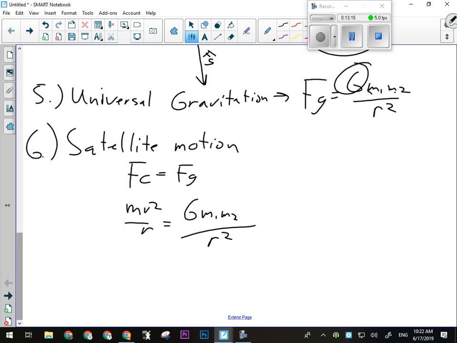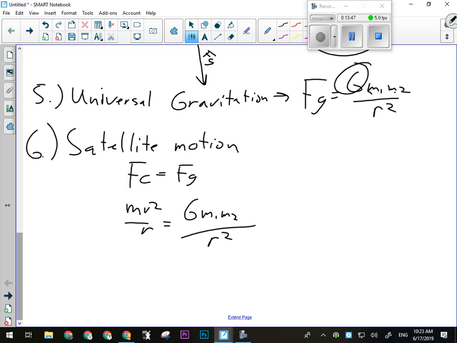One of the important ones is that there's a mass on both sides of this equation. Because it's on both sides, it'll end up canceling. Which mass is that? The orbiting mass, right? The smaller of the two masses is the one that's going to cancel. So if we're talking about a satellite orbiting the Earth, it's the satellite's mass that will cancel, because all things fall at the same rate, and that's what this force is all about. So keep in mind that yes, the smaller mass cancels.